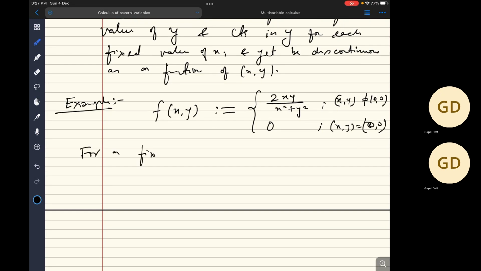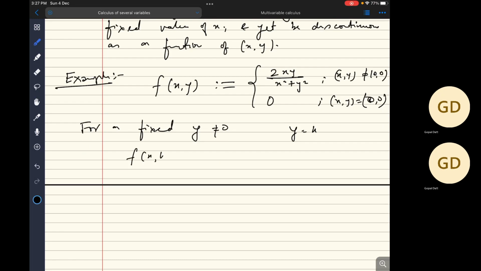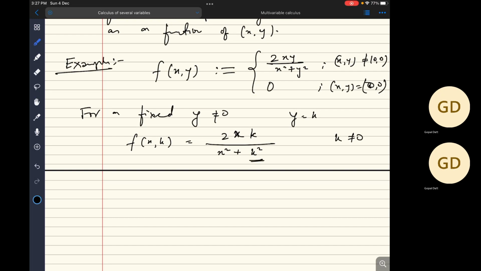For a fixed y non-zero, let me take y equal to some k. So what is f(x, k)? This is 2xk divided by x square plus k square. Since k is non-zero, k square is always positive, so the denominator is never zero for any value of x.